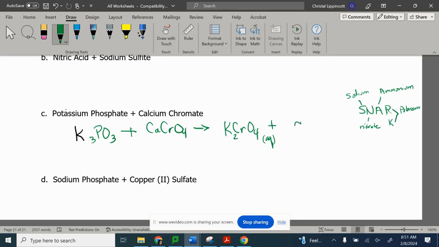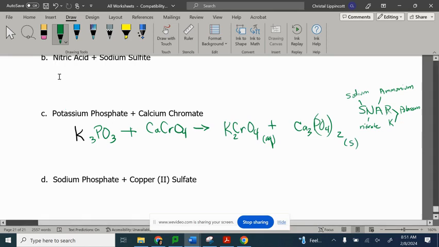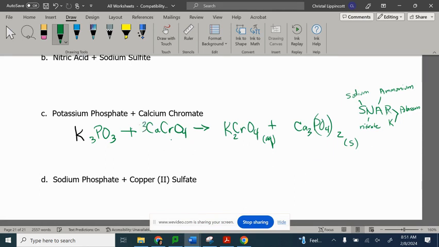And then it's going to make calcium phosphate, Ca3(PO4)2. And so this is going to be your solid that's formed. They wanted the net ionic with this. So after we balance, I'm going to need a 3 here and a 3 here, and a 2.